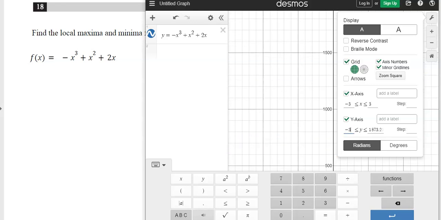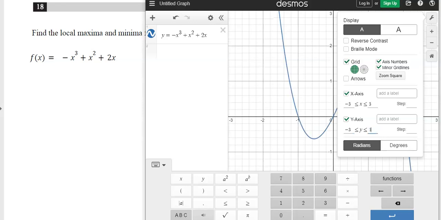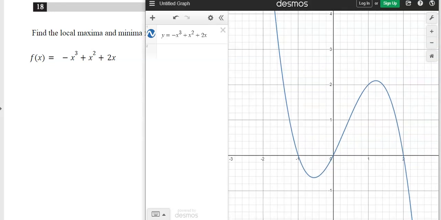Let's just see what we got going on. Oh, there we go. That gives me a nice little picture. So my bottom is right here. So there's my local min.